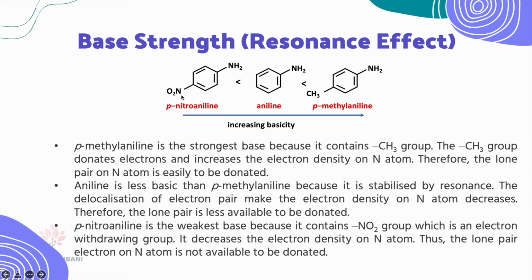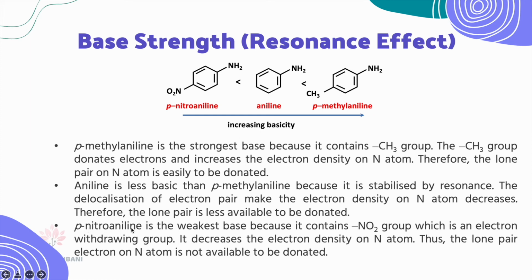Finally, para-nitroaniline. In para-nitroaniline, we have the nitro group here, NO2 group. We know that NO2 group is an electron withdrawing group. It will withdraw the electron towards itself, meaning the lone pair electron at the end will be withdrawn through the benzene ring to the NO2. It will make this N have less electron density.